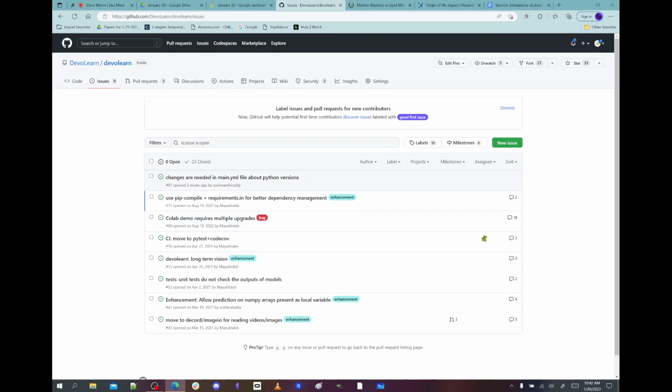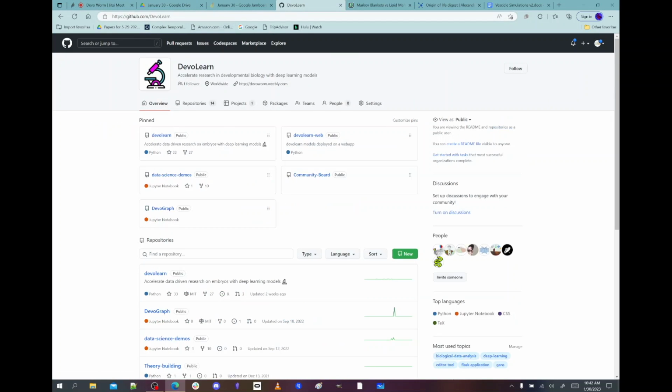This is a good thing to engage with before the Summer of Code, and even before that, if you want to make a nice open source contribution, this would be the place to do it. You could go to the DevoLearn organization at github.com/DevoLearn, into either the DevoLearn repository or the DevoGraph repository, and check out the open issues with respect to these problems.